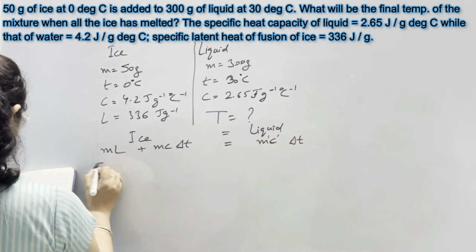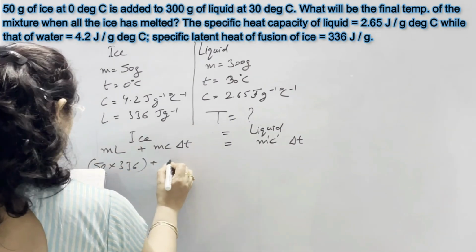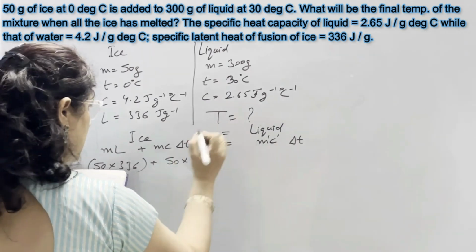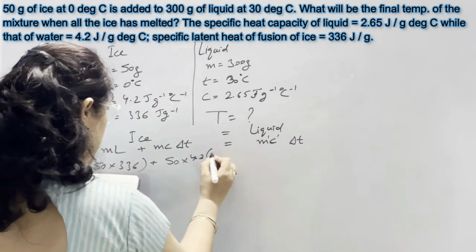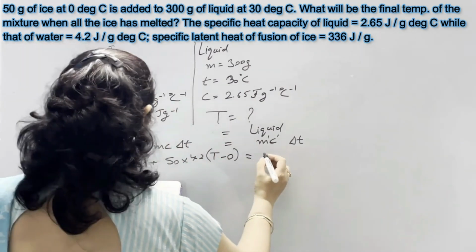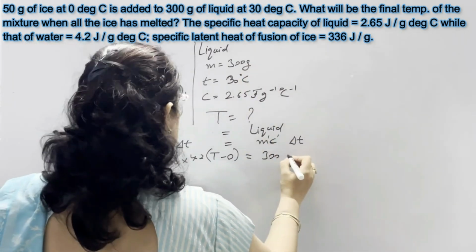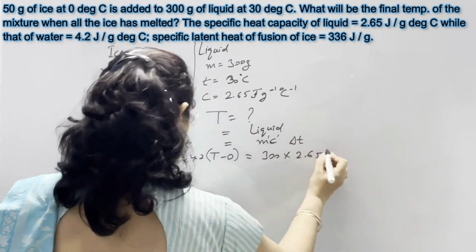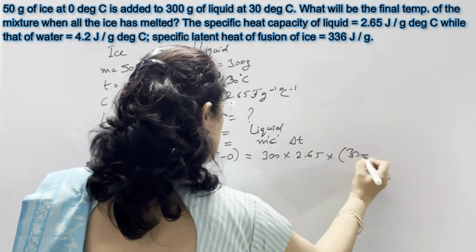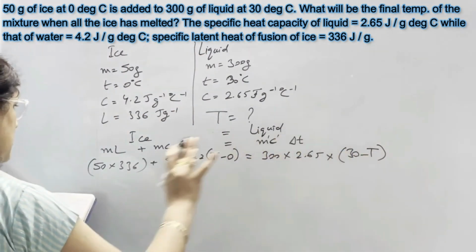Now m is given as 50, this is 336 plus 50, c is 4.2, and temperature is T we don't know, but we know T minus 0 because the temperature of ice is given. Now in this case also 300 is the mass given, C dash is 2.65, and the temperature is 30, 30 minus final. Final we don't know, we take it as T.